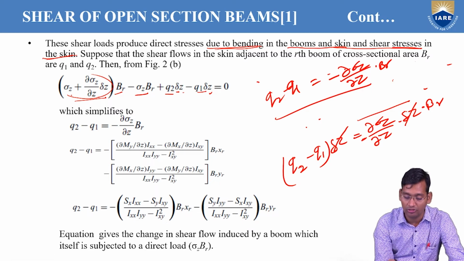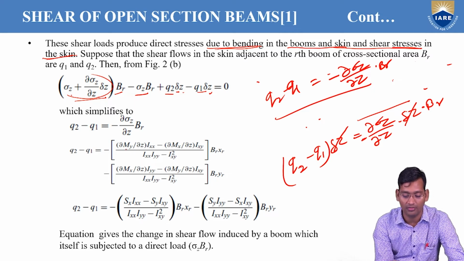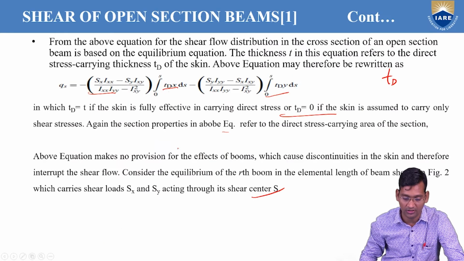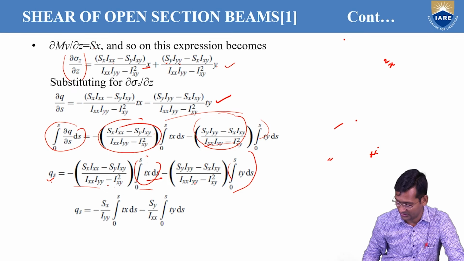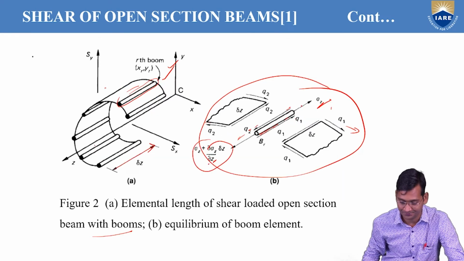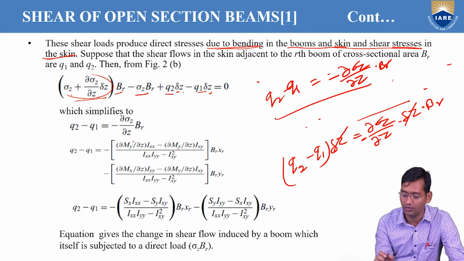Now this del sigma z by del z we have from the previous equation, so just substitute there directly. Here it replaces Sx and Sy, because we already saw in the previous one that Sx is del M_y by del z, so that is replaced here in terms of moment.